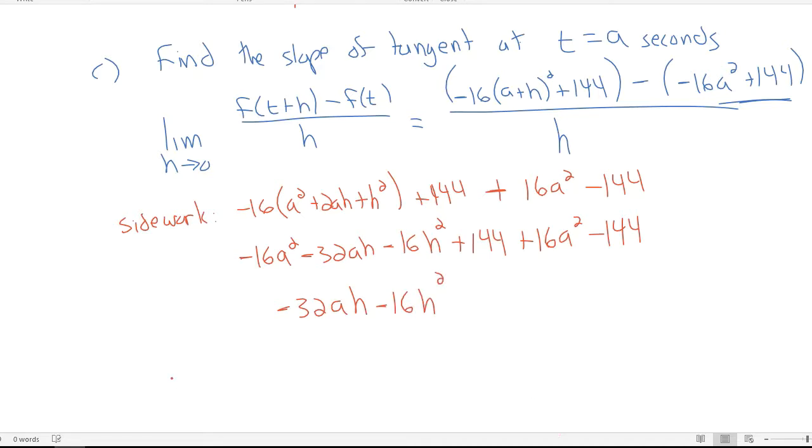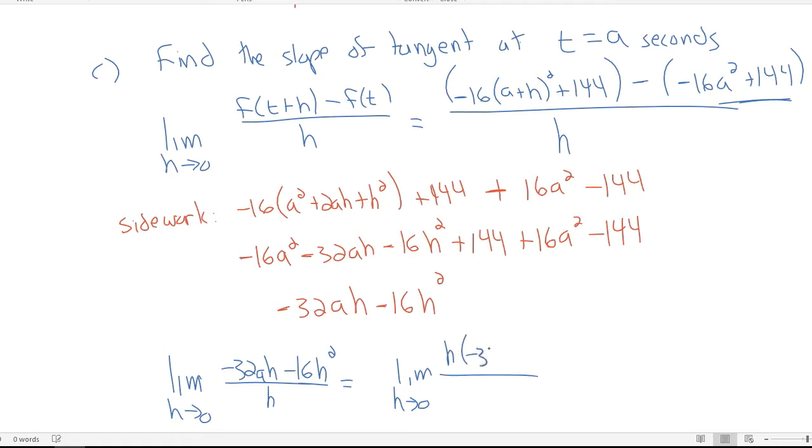So all of that goes into my numerator when I come back to my derivative. So that was all the numerator up here that I was simplifying. So I'm looking at the limit as h goes to 0, and we have in our numerator the negative 32ah minus 16h squared all over h. Again, just like we saw in part A, we're going to factor the h out in the numerator, and we're going to get negative 32a minus 16h all over h.